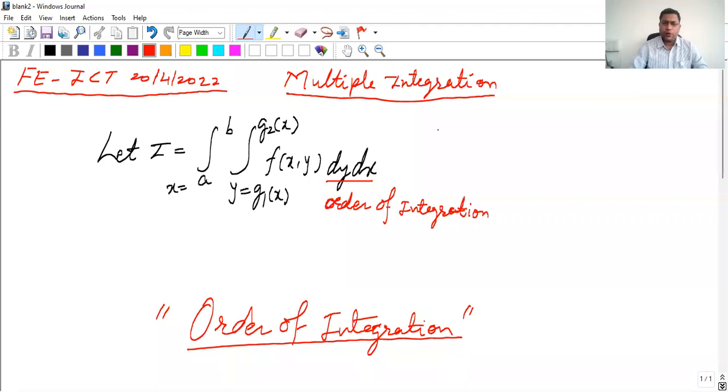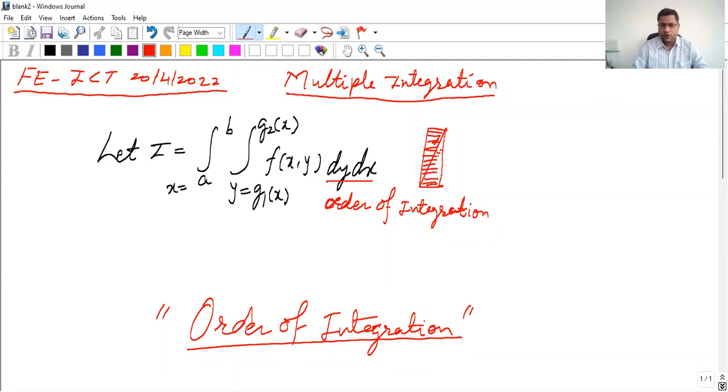Now, when we consider the order dy dx, there is a strip associated with this order. The strip associated with this order is the vertical strip.